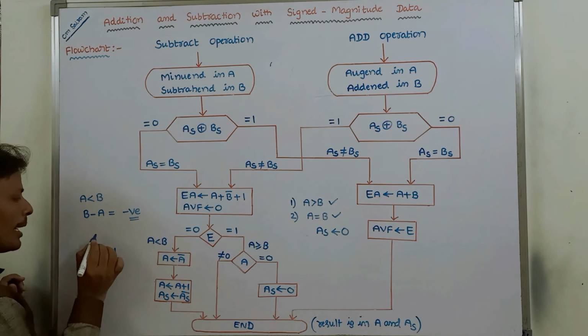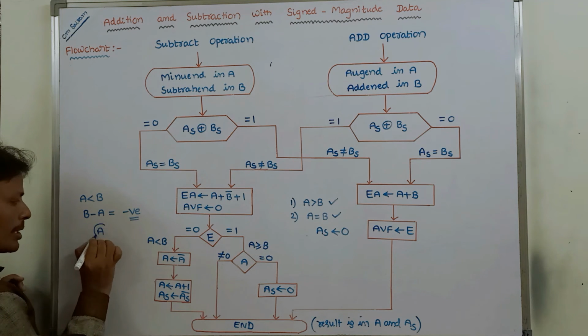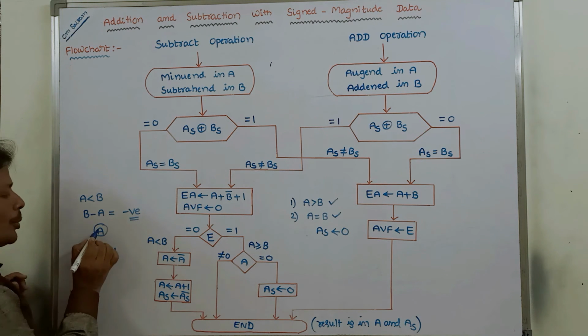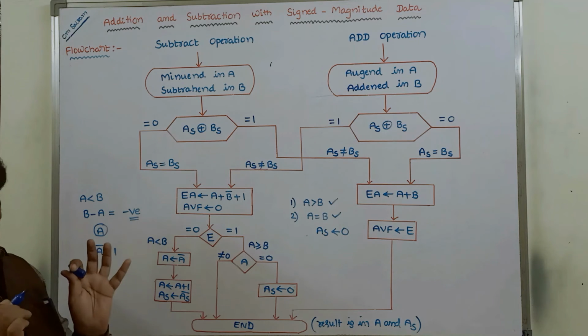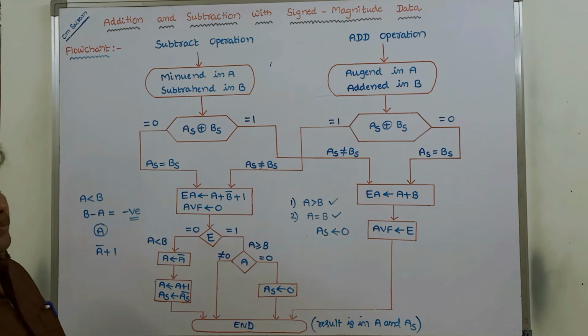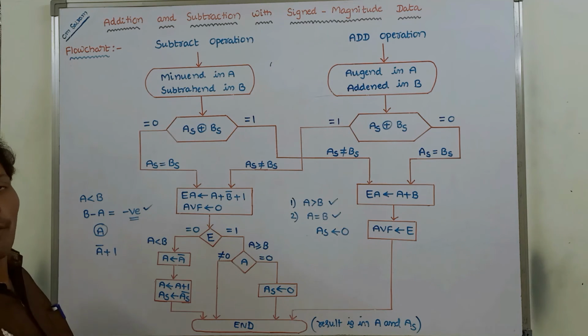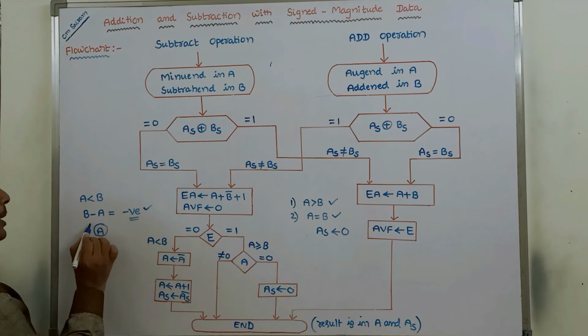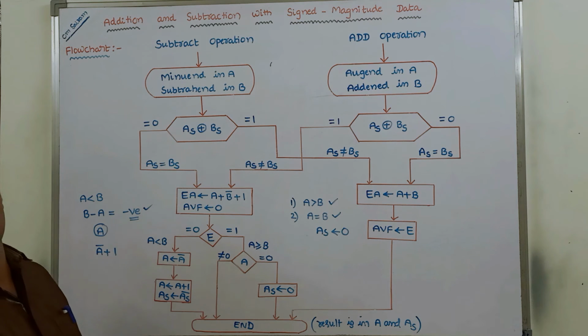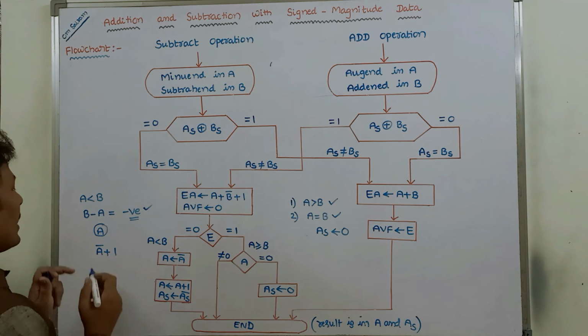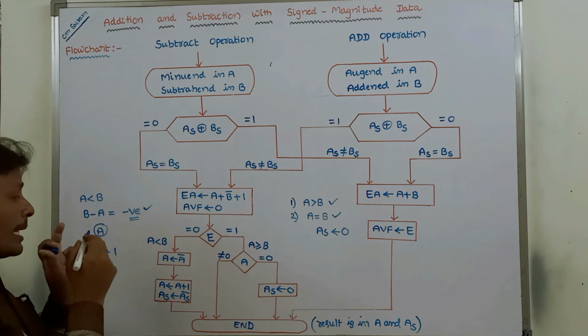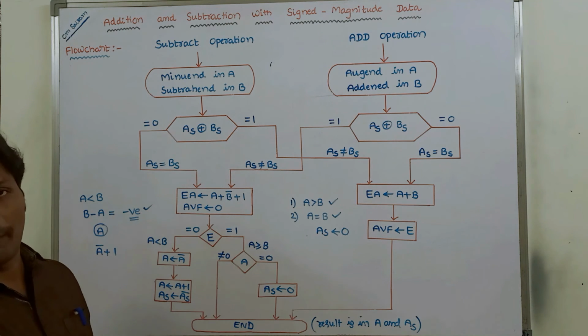So the result is negative because the A value is smaller and the B value is greater. When we perform the subtraction operation, we get the negative result, stored in register A. So the result is in 2's complement.